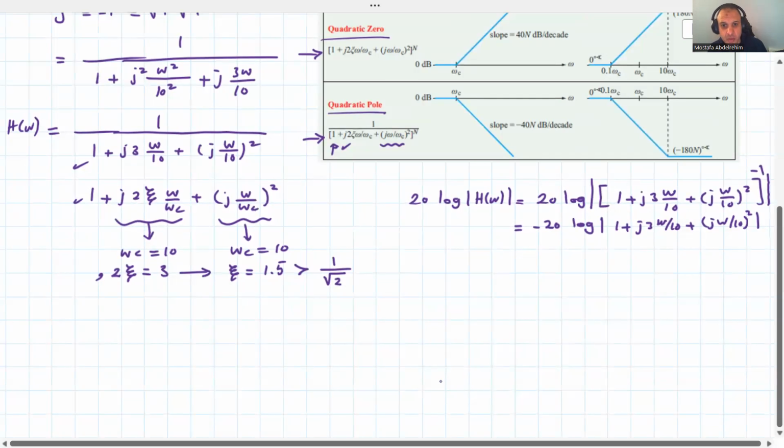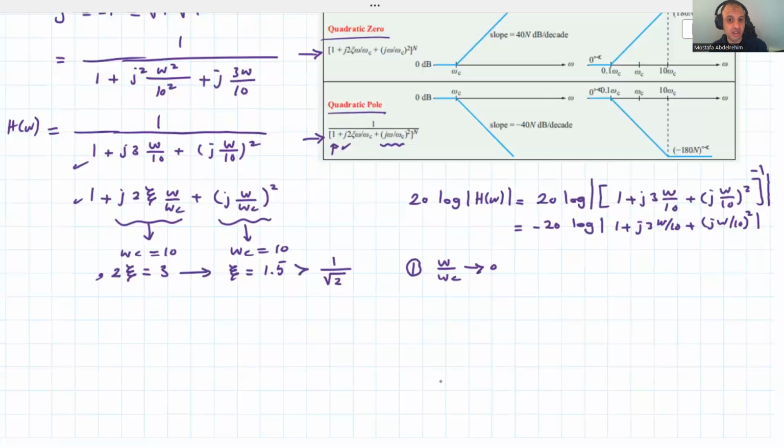We said that there are two cases for that function. Number one, when omega over omega c tends to be 0, very small. In that case, we're going to neglect every term that has omega over omega c or omega over 10, because omega c is equal to 10.